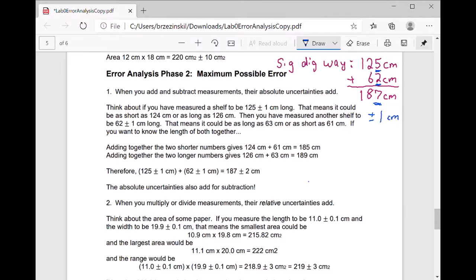That last digit, the 7, is the one that's uncertain, and we're saying that it's off. Could be a 186 or it could be a 188.